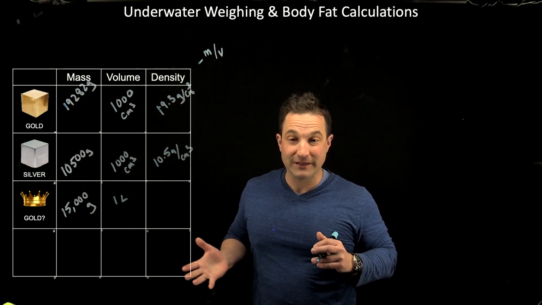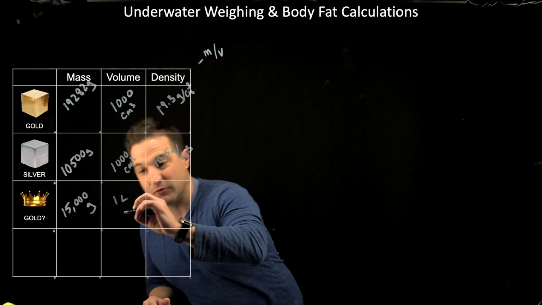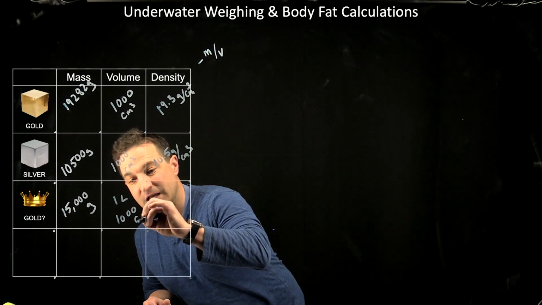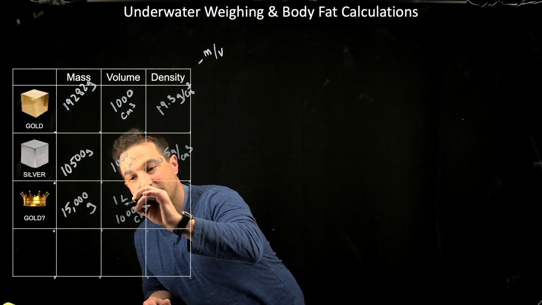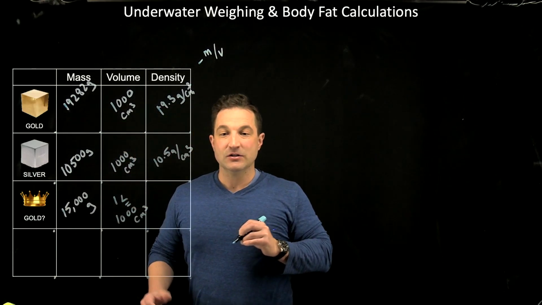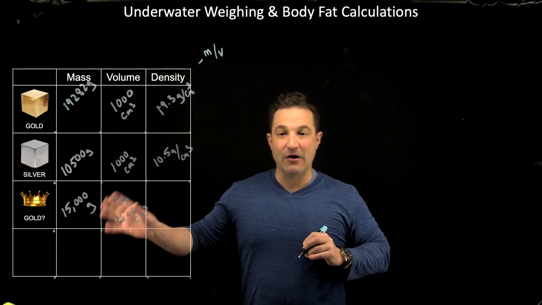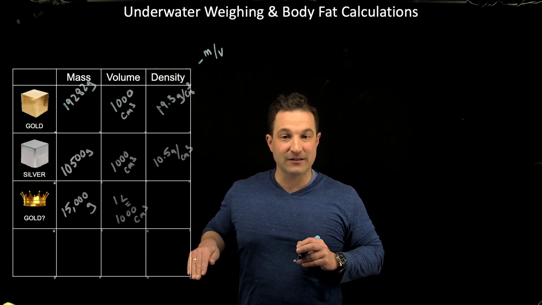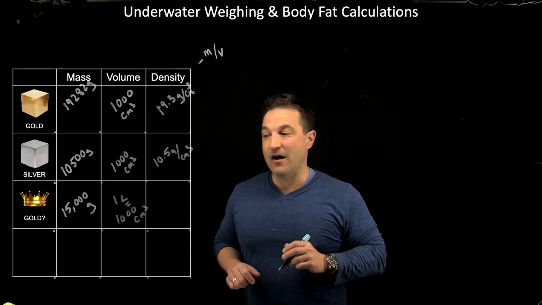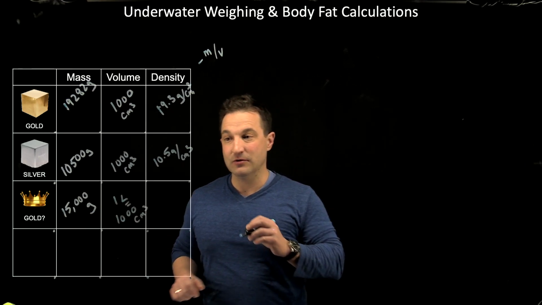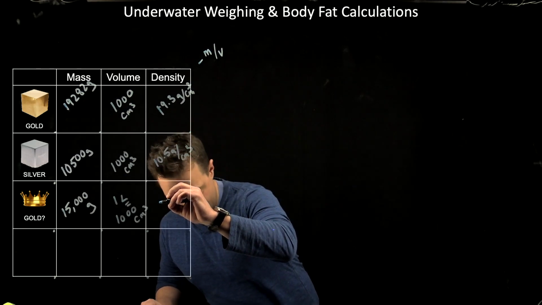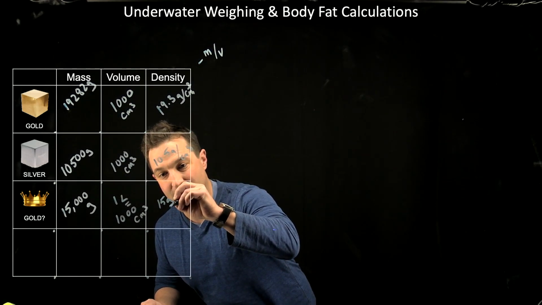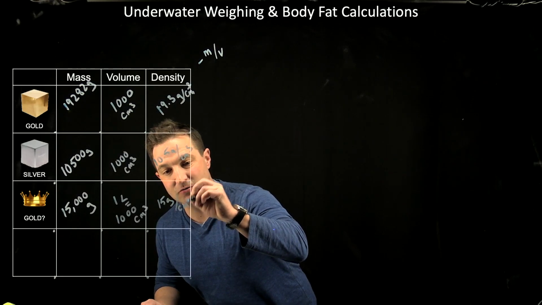And we know that 1 liter in water is about equivalent to 1,000 centimeters cubed. Very convenient. So therefore, if we were to once again calculate our density of this crown that had a mass of 15,000 grams and a volume of 1,000 centimeters cubed, we would find that the density of it is then 15 grams per centimeter cubed. Aha!